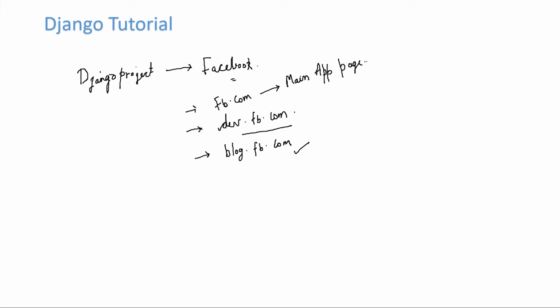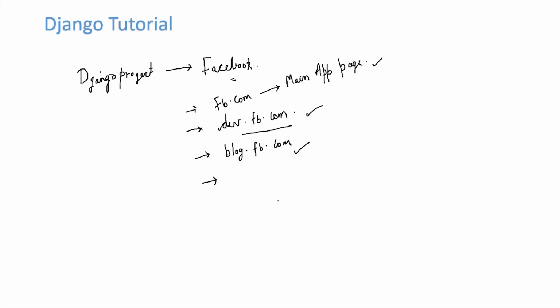Now, why am I telling you all this? I'm telling you all this to explain the difference between Django application and Django project. So Django project is a collection of all these things. It contains the main app, it contains the developer app, it contains the blog app. Let us say tomorrow you want to add some functionality where you want to allow people to sell certain things.